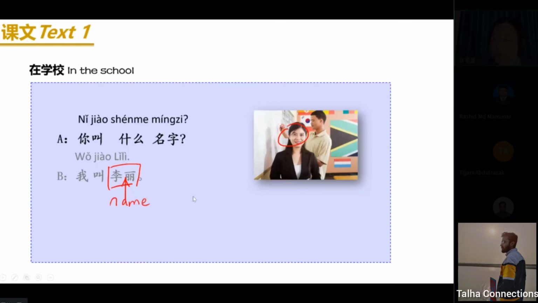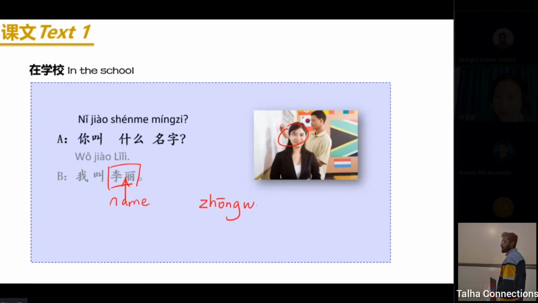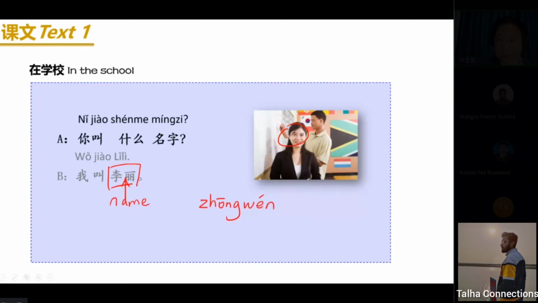So remember, just now you learned the Chinese language. How to say that in Chinese? 中文, right? Remember, just now we learned it.